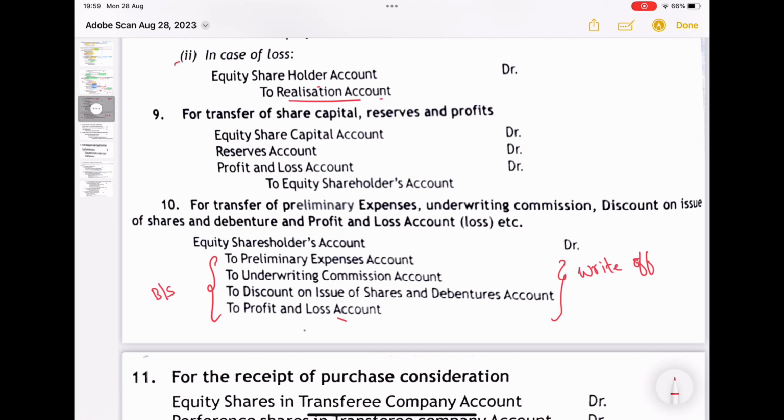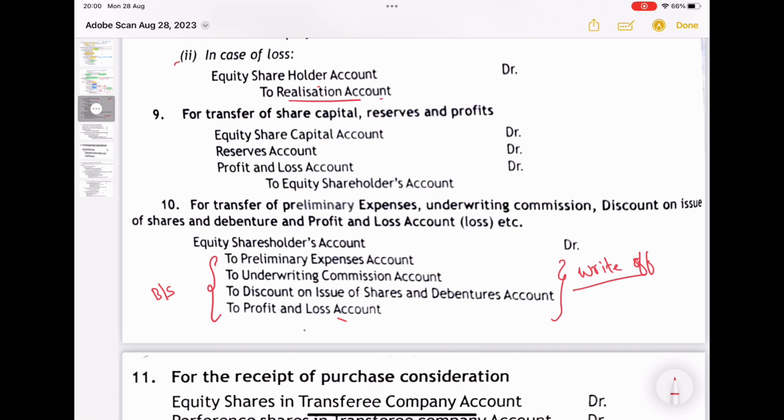These are capital expenditures which occur at the time of commencement of the business, and they are written off every year. At the time of mergers and acquisitions, we transfer them to the equity shareholders account. It will not reflect in the preference shareholders account. It is fully borne by the equity shareholders.